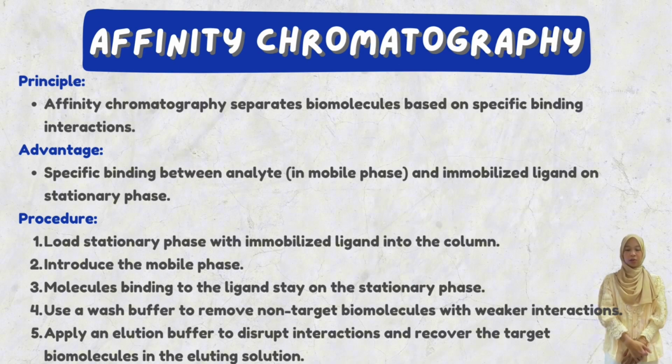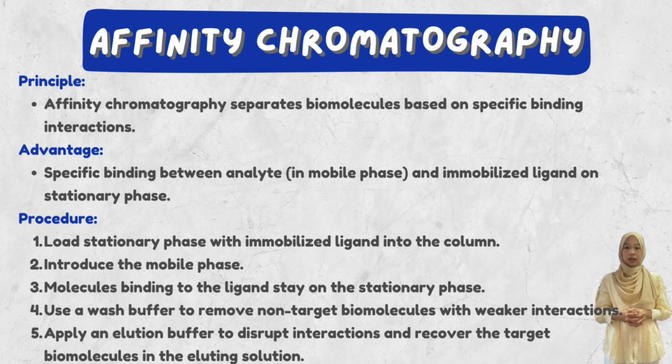So I will explain about affinity chromatography. The principle is, affinity chromatography separates biomolecules based on specific binding interaction. The advantage is specific binding between the analyte in the mobile phase and the immobilized ligand on the stationary phase. For the procedure, number 1 is load the stationary phase with immobilized ligand into the column.